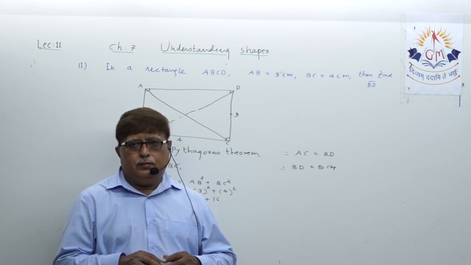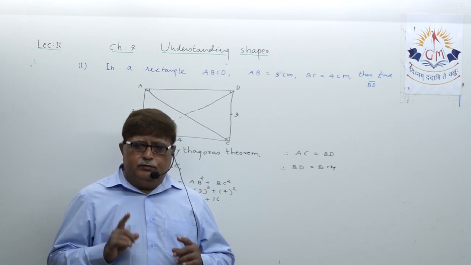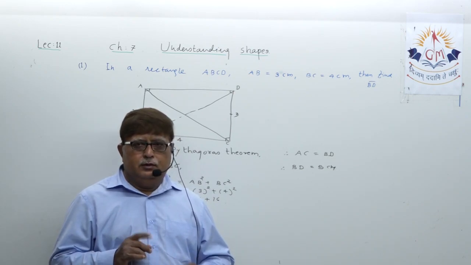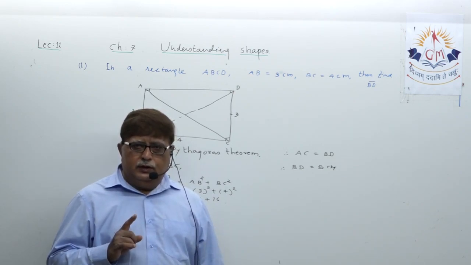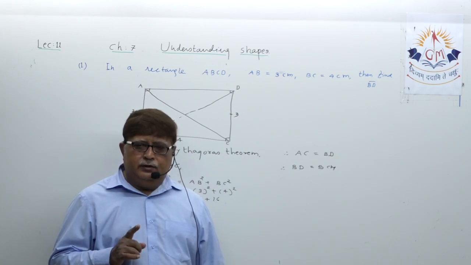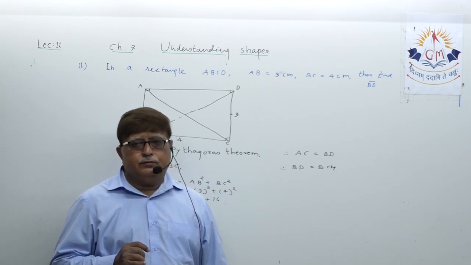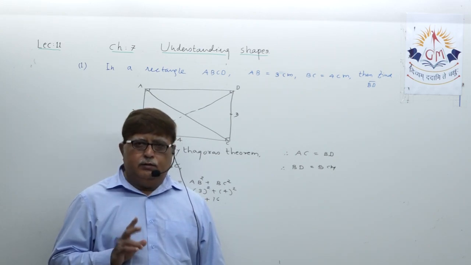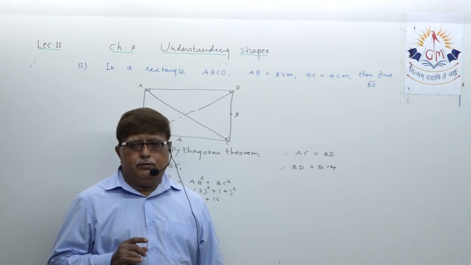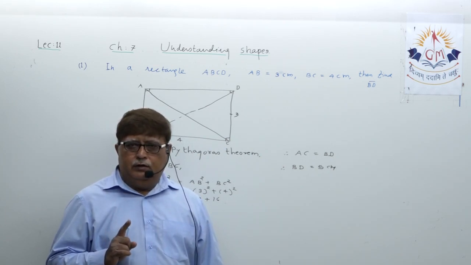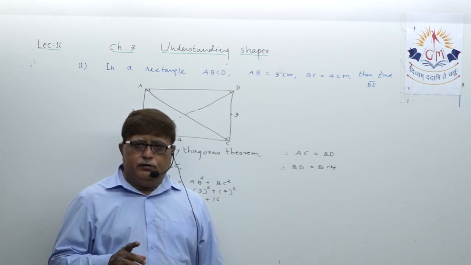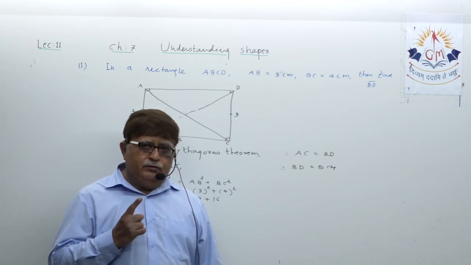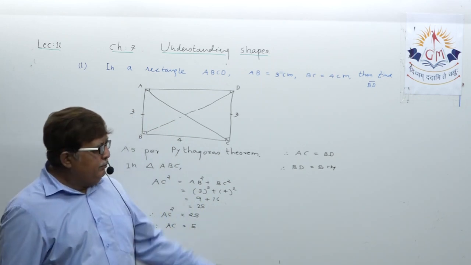Second, opposite sides are equal. Third, all angles are right angle. Fourth, diagonals are equal. Fifth, diagonals bisect each other.